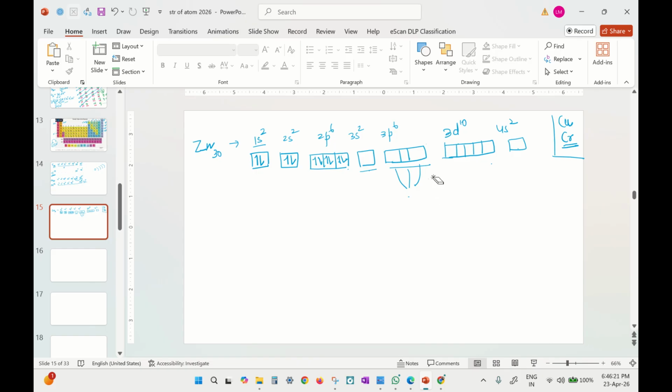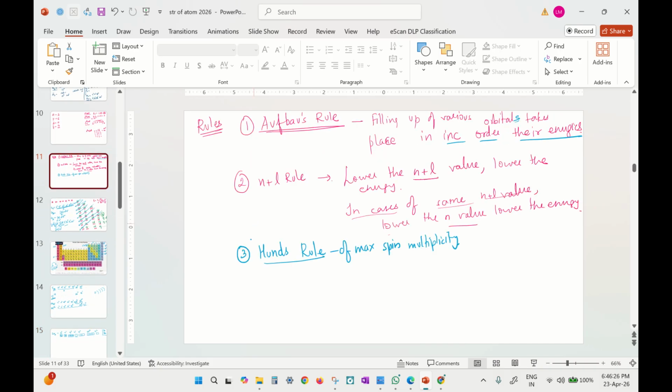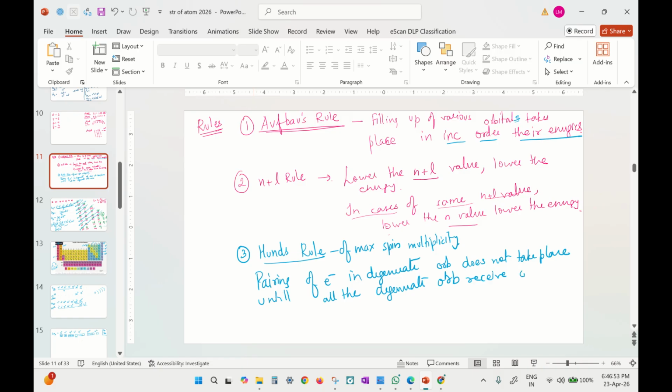Pairing of electrons in degenerate orbitals does not take place until all the degenerate orbitals receive one electron each with parallel spin.